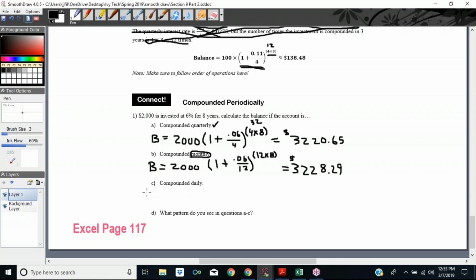Now let's look at what happens if we compound it daily. How much would we have? And again, we're using the same information: $2,000, 6%, and 8 years. $2,000, 1 plus 0.06. Now this is daily, so how many times a year is that? 365. So now our power is going to have to be 365 times 8.